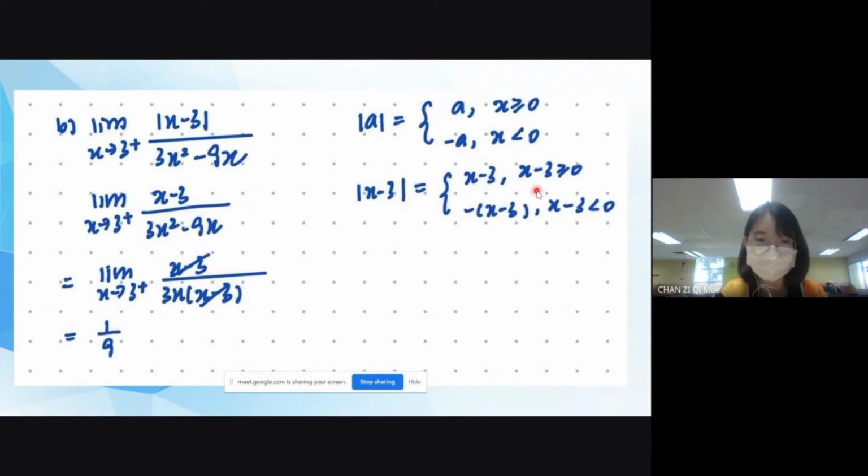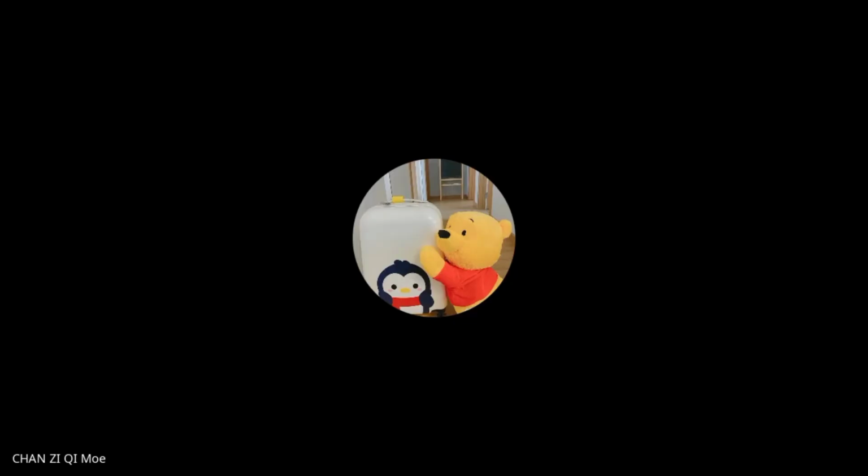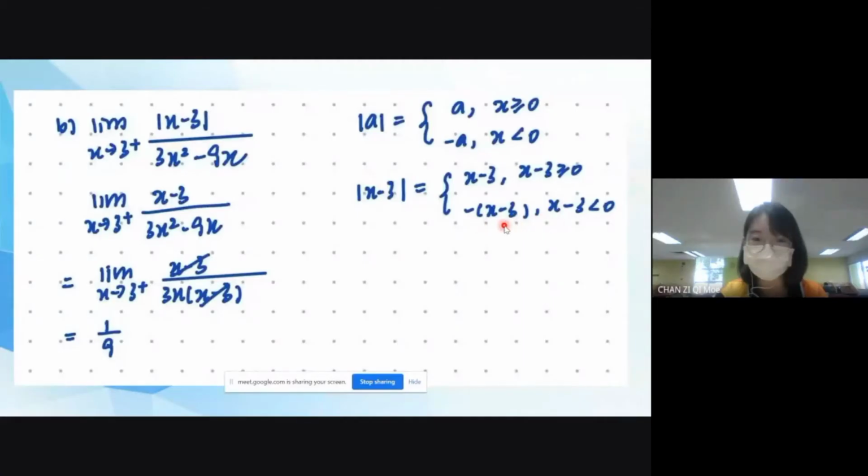From here we know that x approaches 3 from the right, so we use this instead. We only use the other one when x approaches 3 from the left. So we will use x minus 3 for this question.